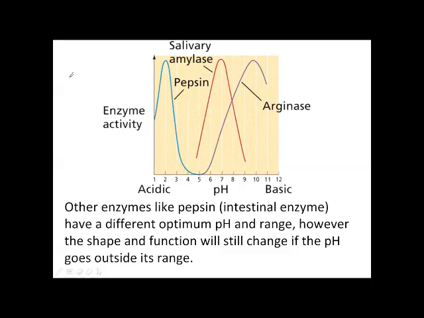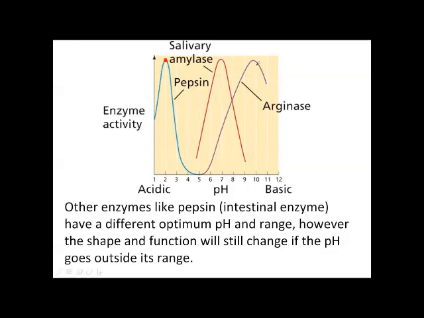So pepsin works best in acidic conditions. Its optimal pH will be at a pH of 2, whereas salivary amylase has an optimal pH of around 7.